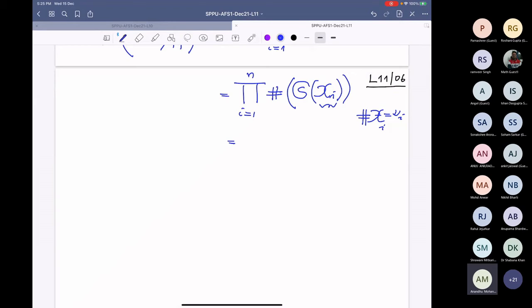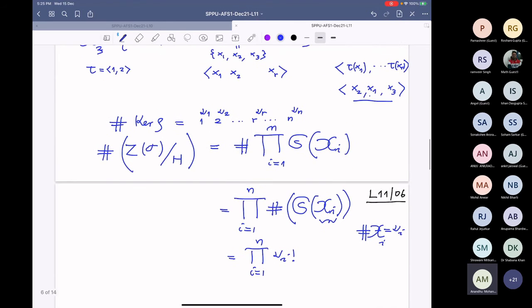So this is the product of nu i factorial. Agreed? Yes or no?